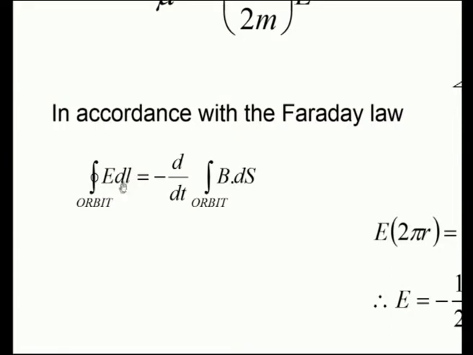When this integration is carried out, the result is equivalent to -d/dt of the integral of B·dS, where this is a surface integral carried over the orbit surface area, and B here is the magnetic flux density, and dS of course is the areal element.